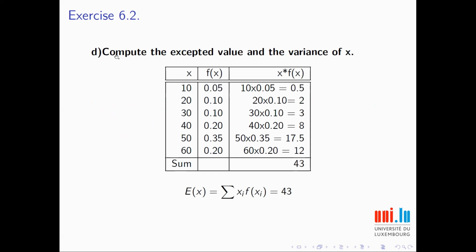Again, in this point you are asked to calculate the expected value, the variance. The expected value is the mean of our random variable, and as you remember, you have to sum up the product of each observation of our random variable multiplied by each probability. You sum it up, and you get that the mean of your random variable is equal to 43.